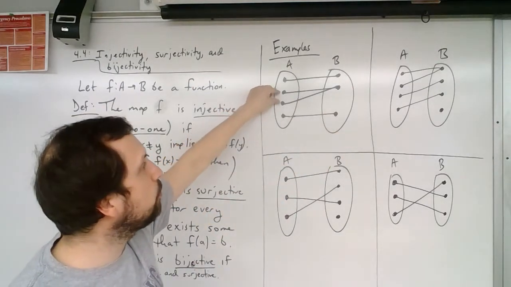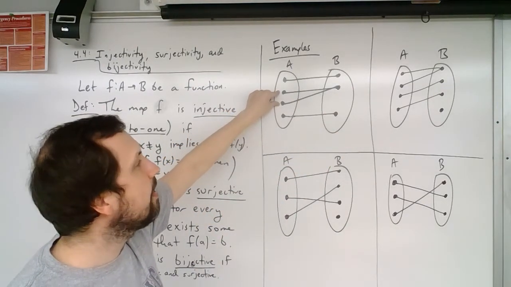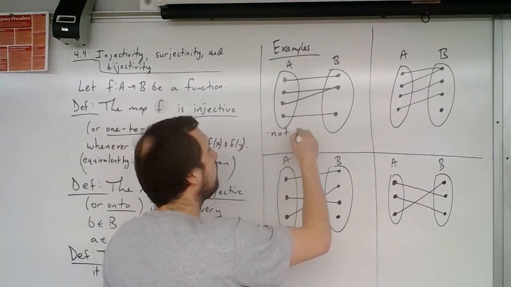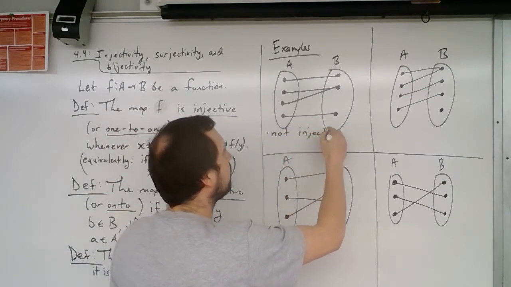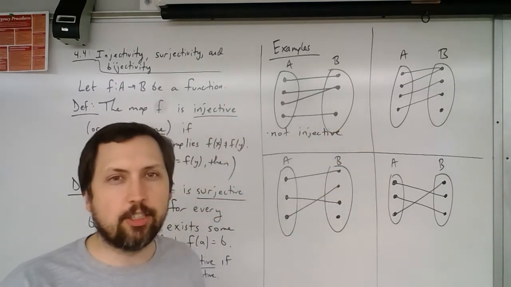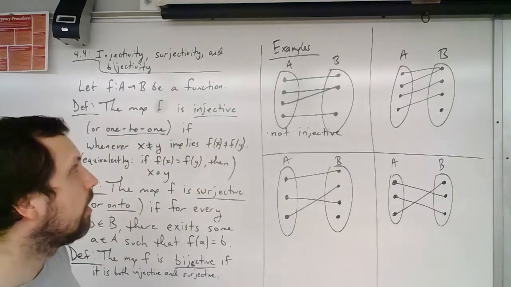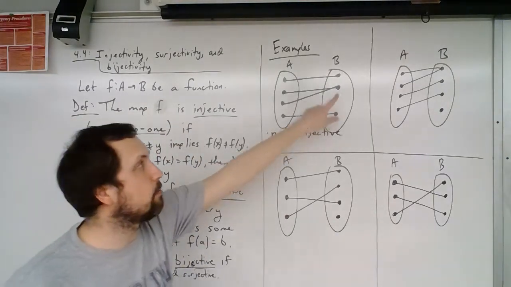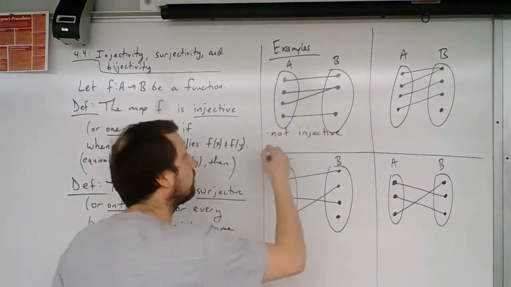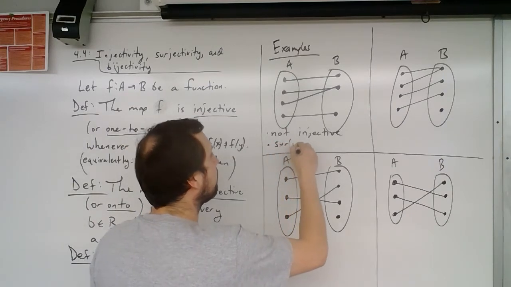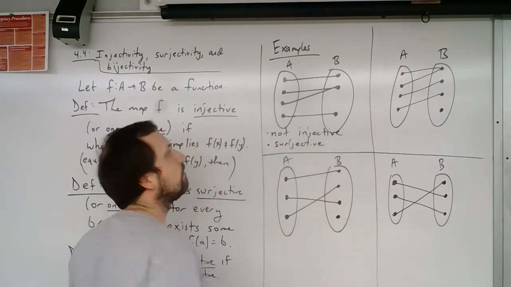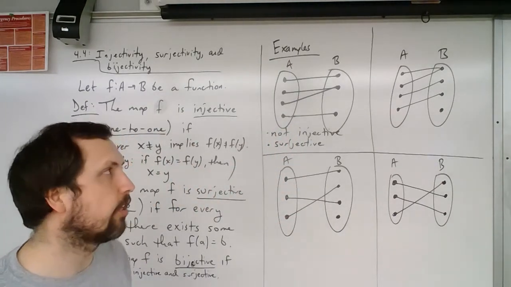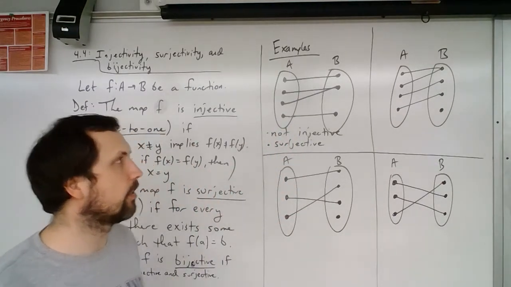But because we have two different values here that have the same function value, this is not injective. Is this surjective? Yes, indeed, because surjective says every element in the codomain has a buddy mapping to it. So this is surjective. Is this bijective? No, because it's not injective, so not bijective.